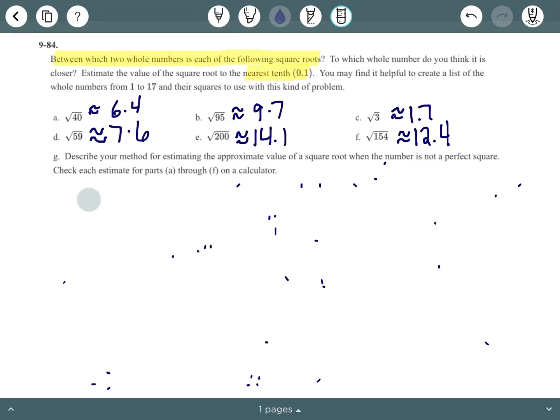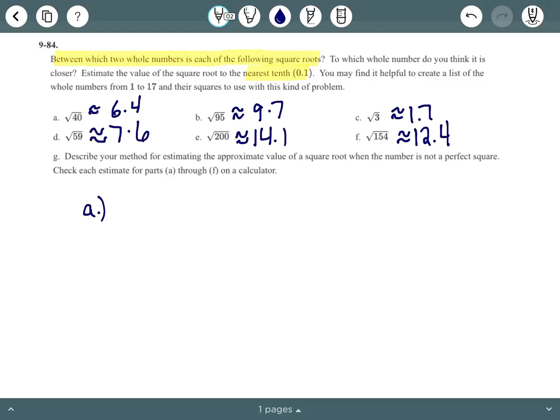Now, there is another part to part G here. So we did the explanation part. Now it says to check each estimate for parts A through F on a calculator. So what that means is I'm going to take my estimate for part A, which was 6.4, and I'm going to put in my calculator 6.4, and then squared, and then enter.